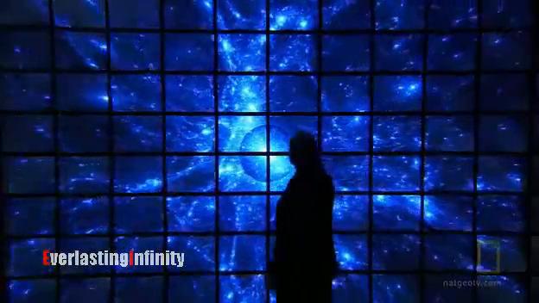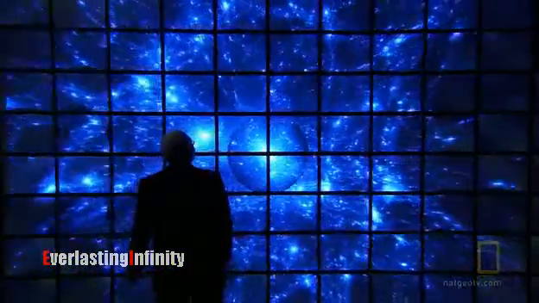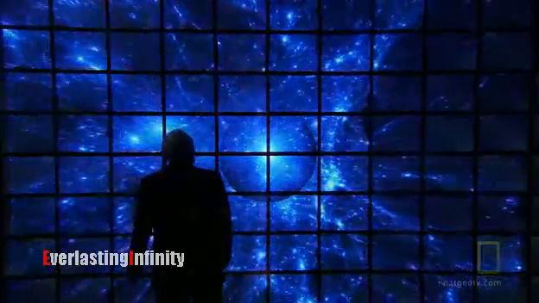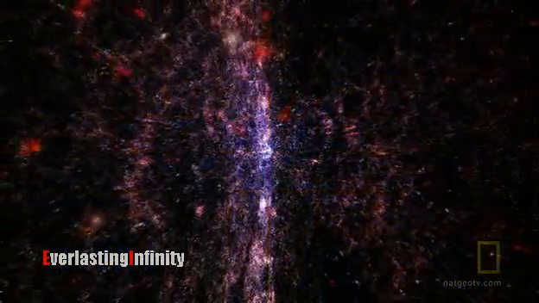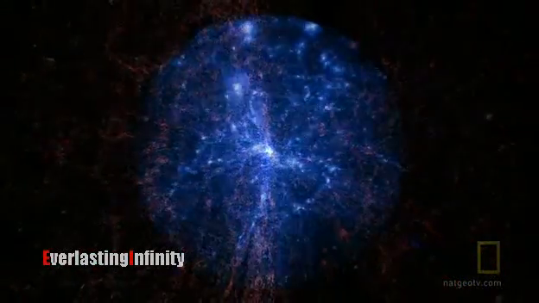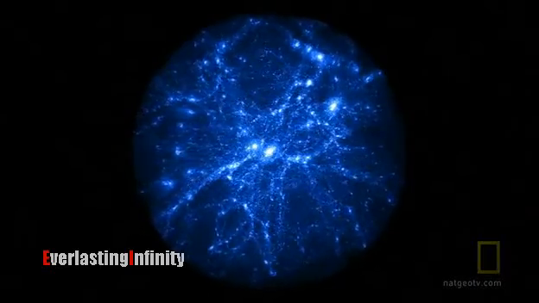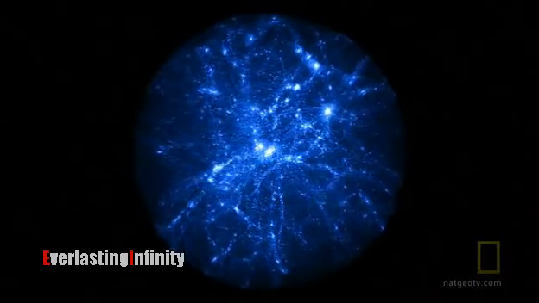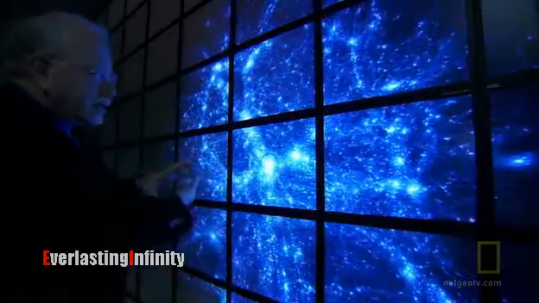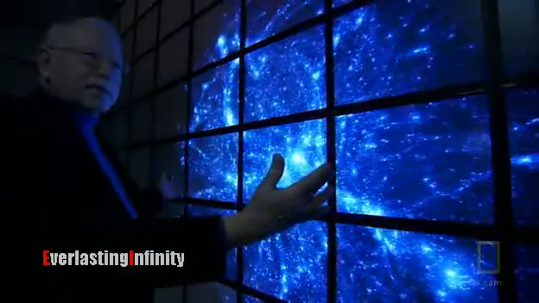Now comes the real test of success. Premack compares the Bolshoi predictions with the actual structure of galaxies scientists see in the universe. As far as we can tell, these simulated universes that we make in the supercomputers look just like the observed universe. There don't seem to be any discrepancies at all. This is exactly the way we see the galaxies distributed in the observed universe.